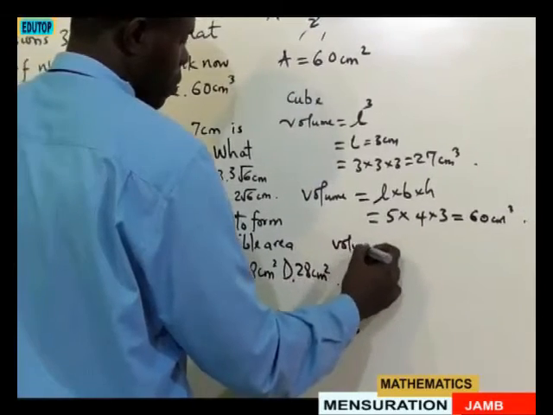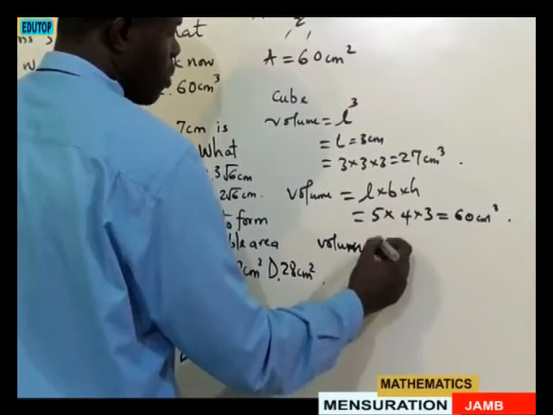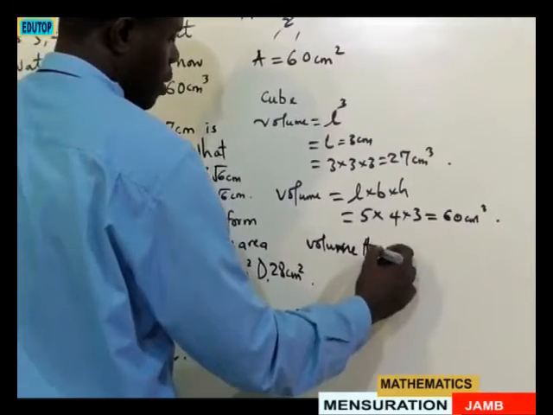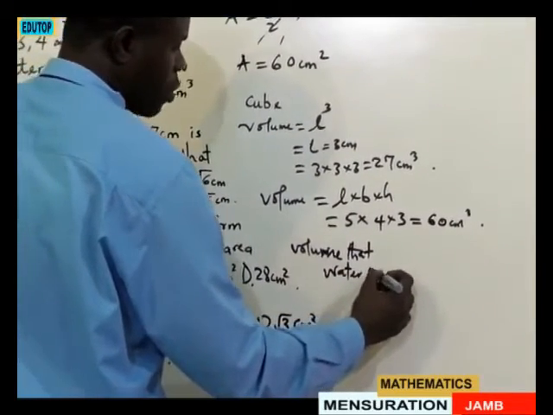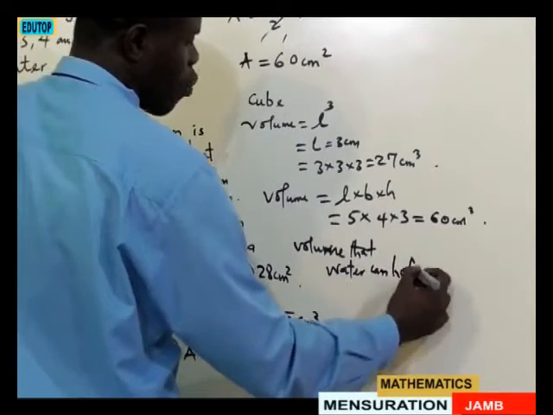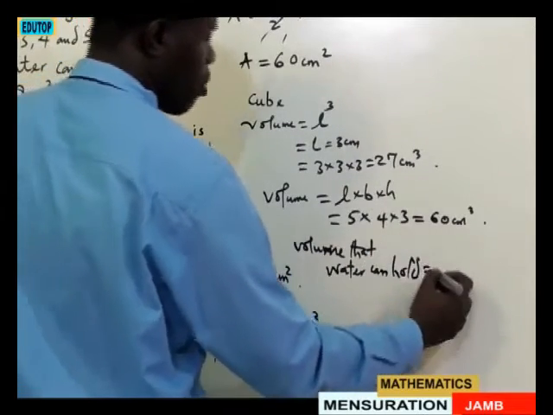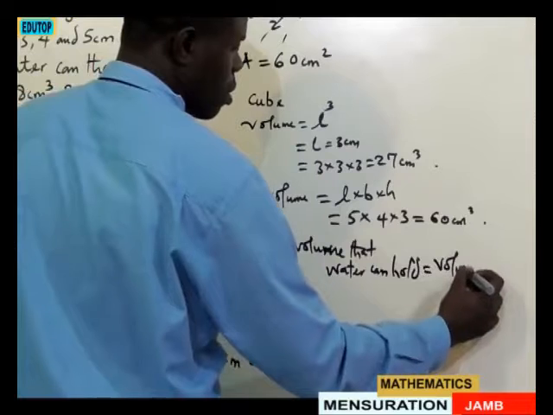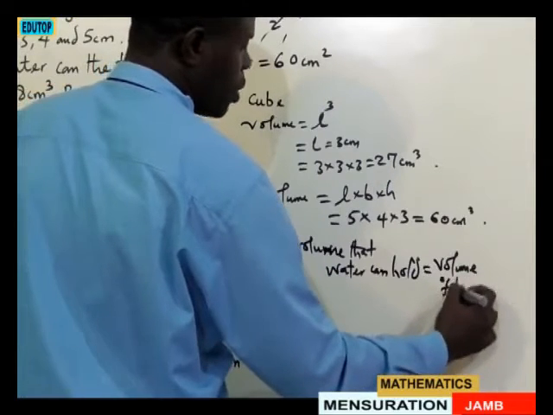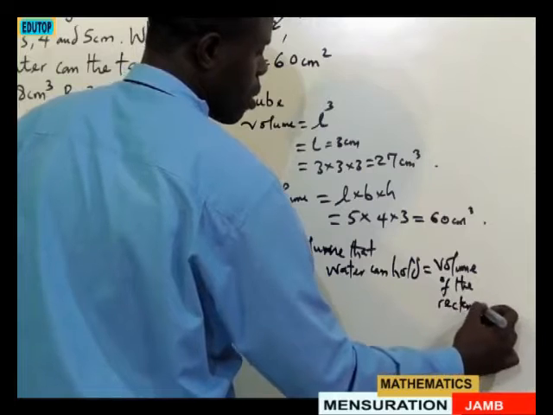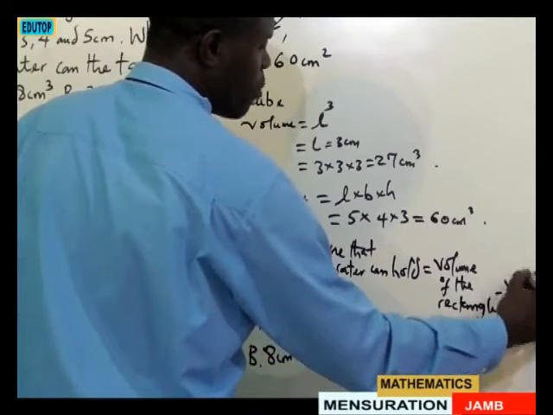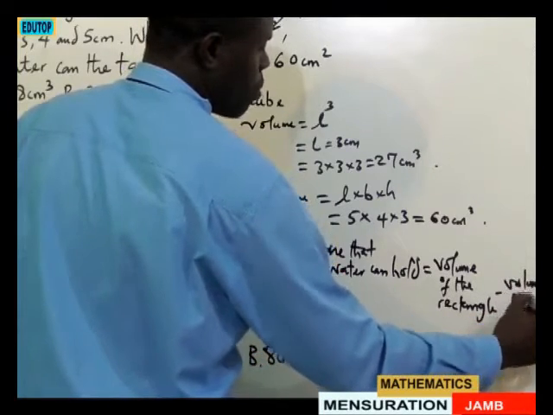So if you want to know the volume of water it can hold, that's the capacity, it will definitely be the volume of the rectangle minus the volume of the cube.